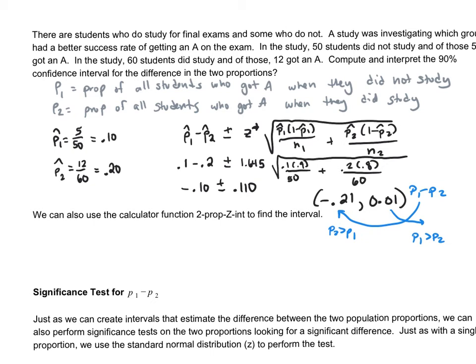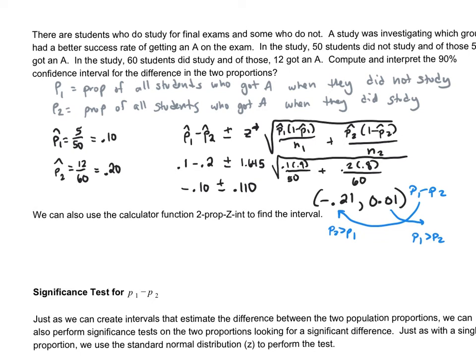So really, it's saying that if I subtract these two proportions, the largest in magnitude they could be apart is P2 could be 0.21 larger than P1, or P1 could be greater than P2 by 0.01. So the difference lies somewhere in there.